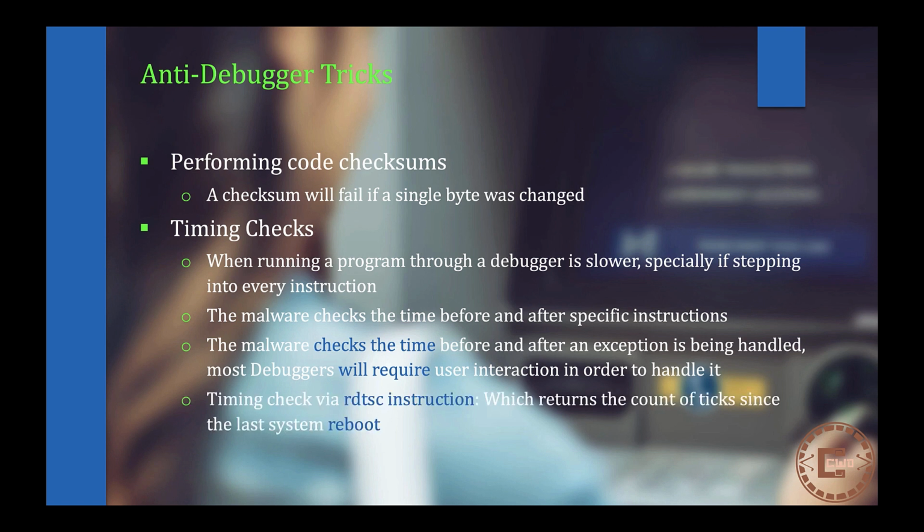Some of the instructions back in the day was the RDTSC instruction, which returns the count of ticks since the last system reboot, and basically that was the way for the malware to check the time it takes from one instruction to the second instruction, take the difference and see if there is an elapsed time enough to say it's a slow one and there is a debugger.